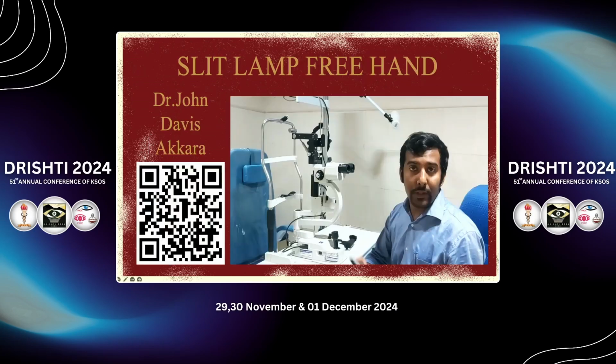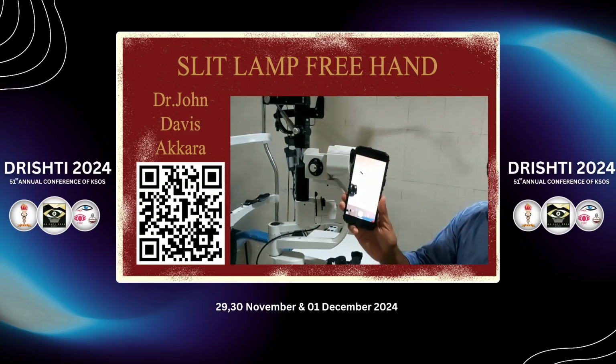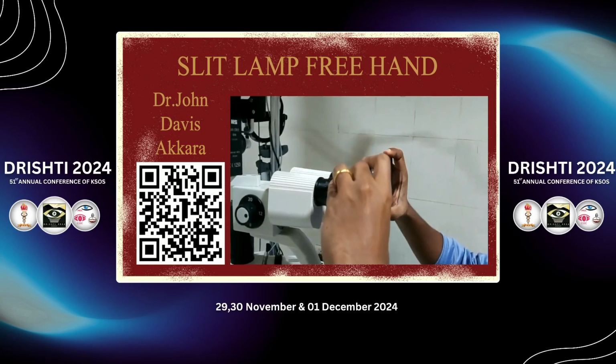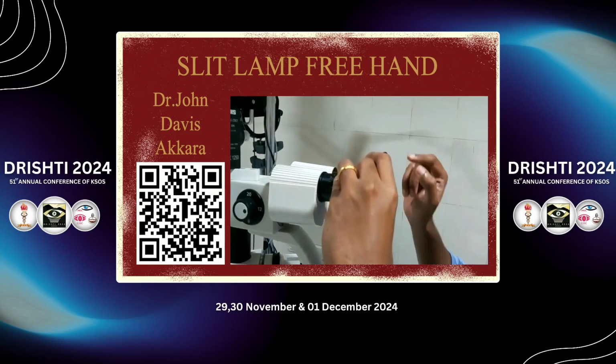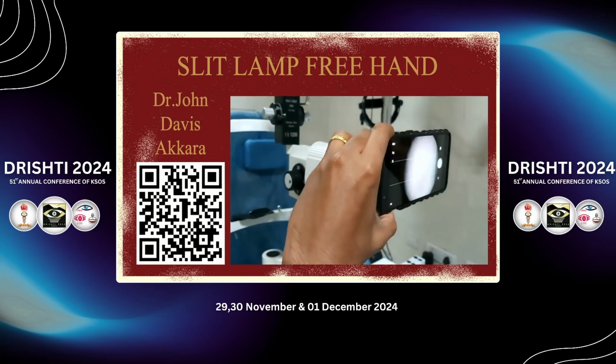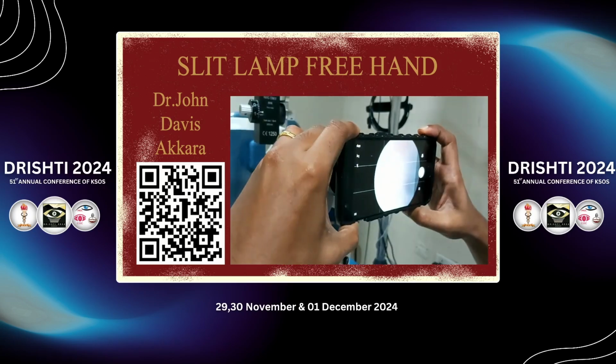So what you do is take your left hand like this, put your phone horizontally between your thumb and index finger, and then hook the other fingers of the left hand onto the eyepiece, the left eyepiece.